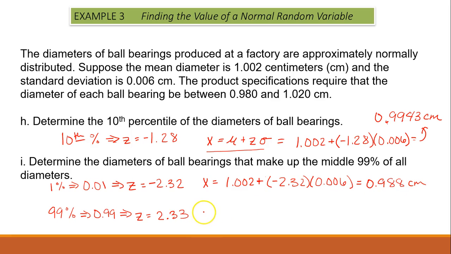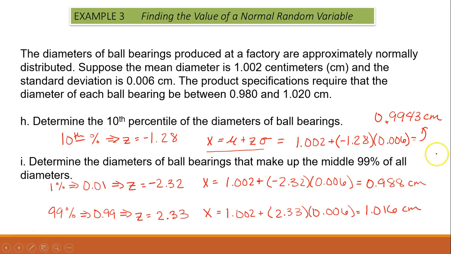And then this one right here, our x value is going to equal 1.016 centimeters.